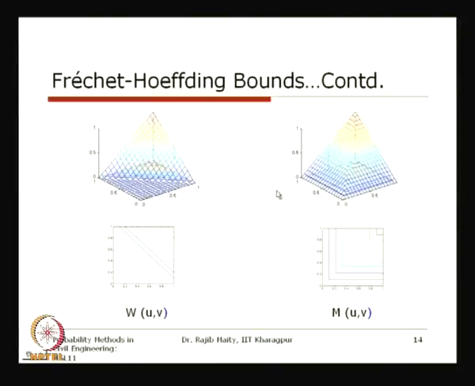This is the lower bound, and similarly we can see the upper bound, which is the minimum of u and v. If we take any values, say one is 0.5 and the other is 0, the minimum of these two is 0 at this point.